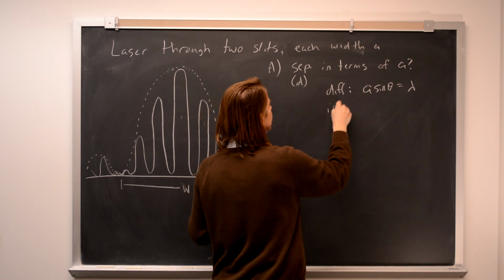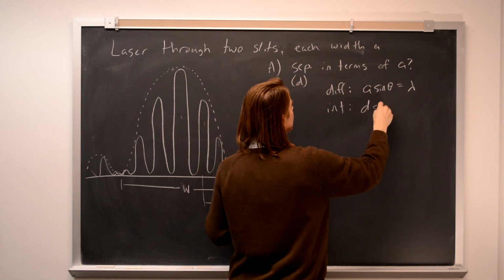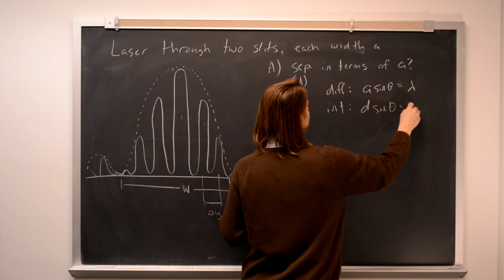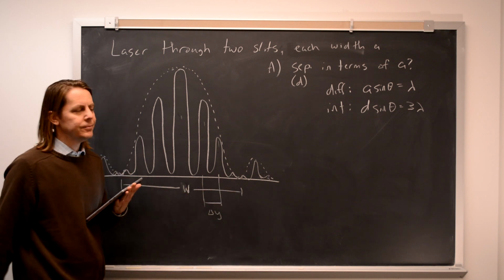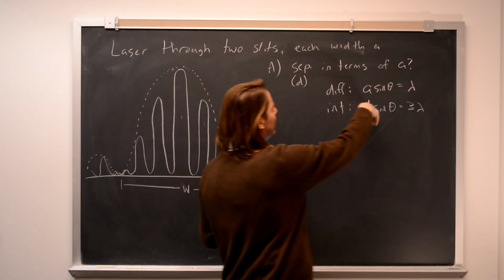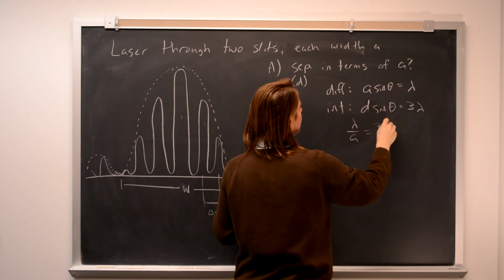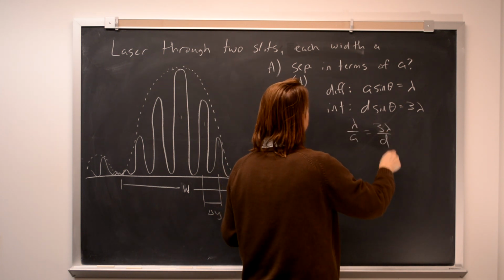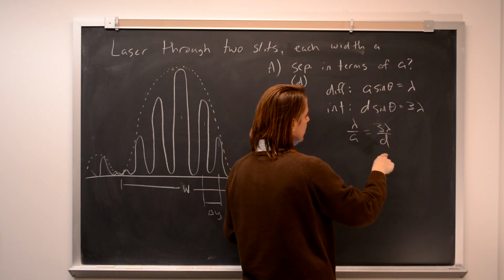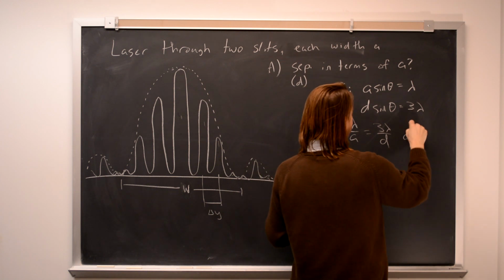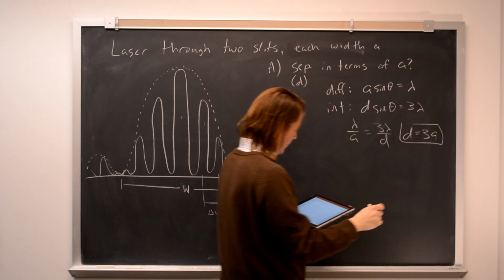And for interference, that would be D, because it's separation, sine theta equals 3 lambda. And they're both happening at the same angle. Right? So if I make the sine thetas the same, then lambda over A equals 3 lambda over D. So I get the separation D equals 3A.